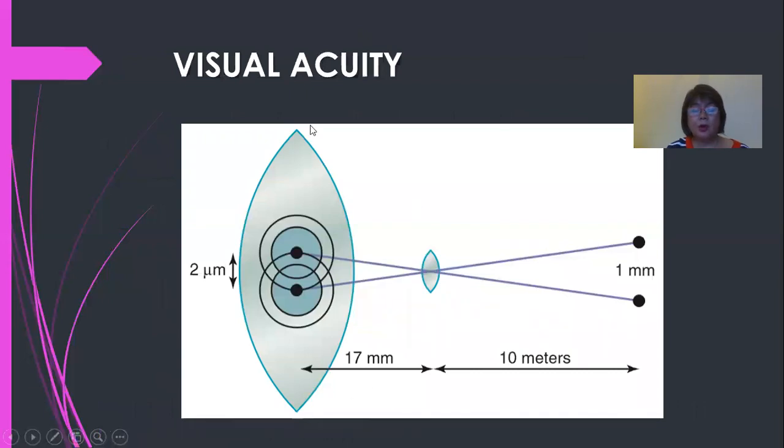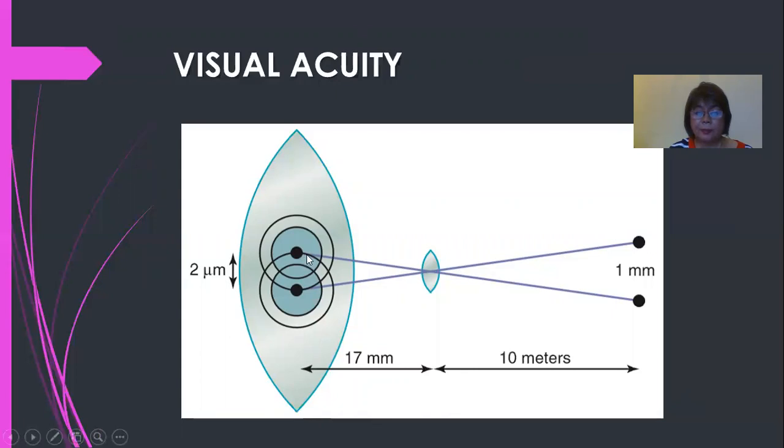What is visual acuity? Visual acuity is actually seeing 2 points at 2 points in the retina and not as 1 point. The fovea is around 2 micrometers in diameter, so the points should be seen beyond this.